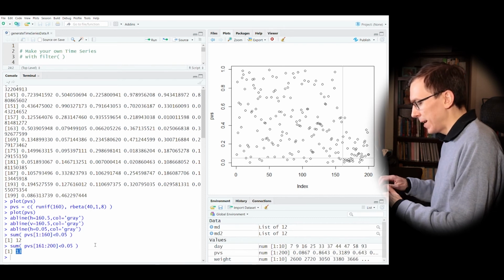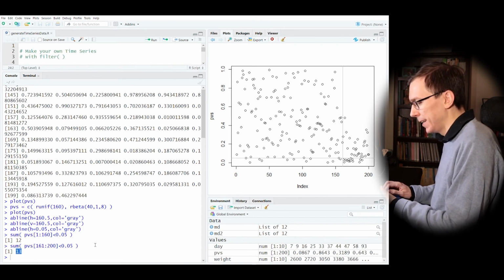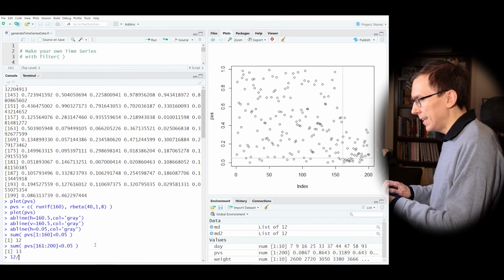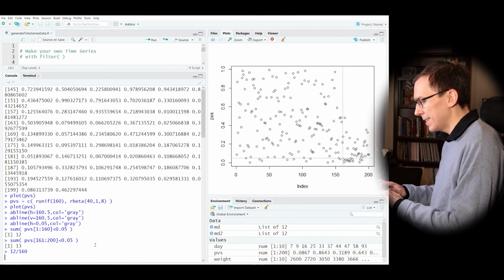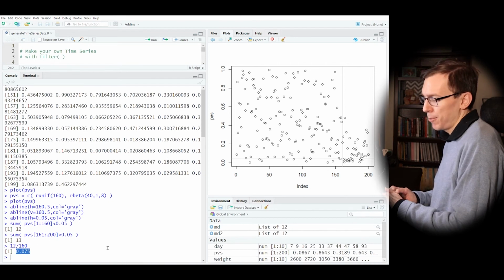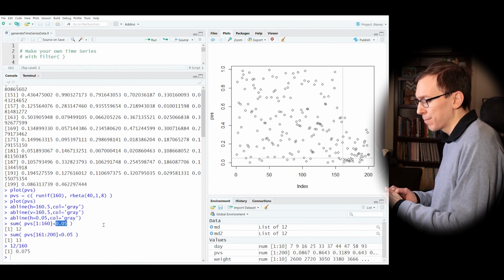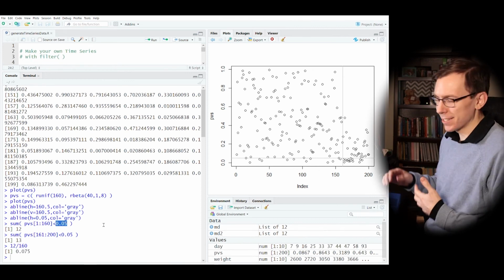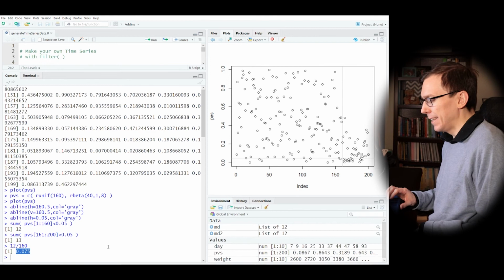First of all, the family-wise error rate in this case would be 12. The achieved family-wise error rate would be 12 divided by my 160. So it's about 0.075. So it is greater than the 5% because I didn't do any adjusting, right? And in this case, I would have falsely rejected at a higher percentage than 5%.